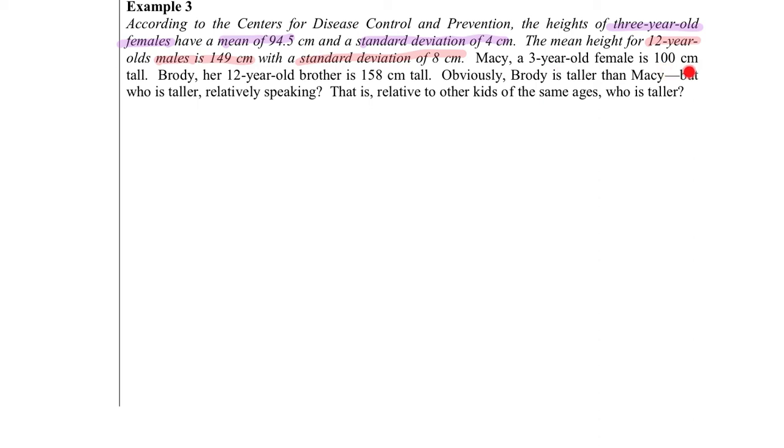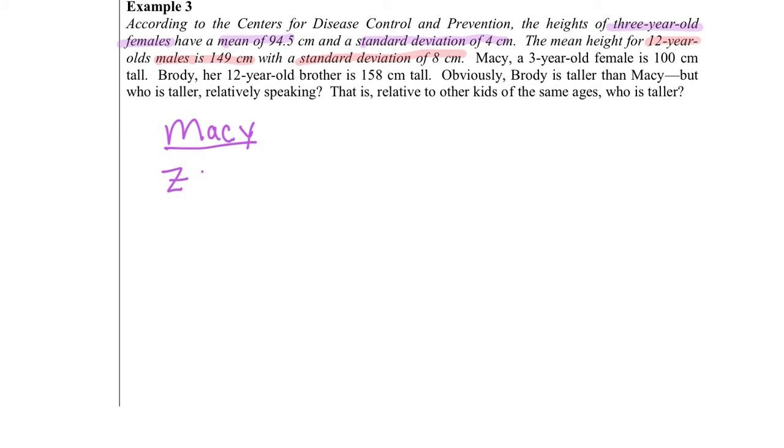Macy, who's 100 centimeters tall, so she's definitely taller than the mean, as is her brother Brody. They're both taller than average for their age. Now, Brody, of course, is taller than Macy, but relatively within the norms of the data, where do they sit?